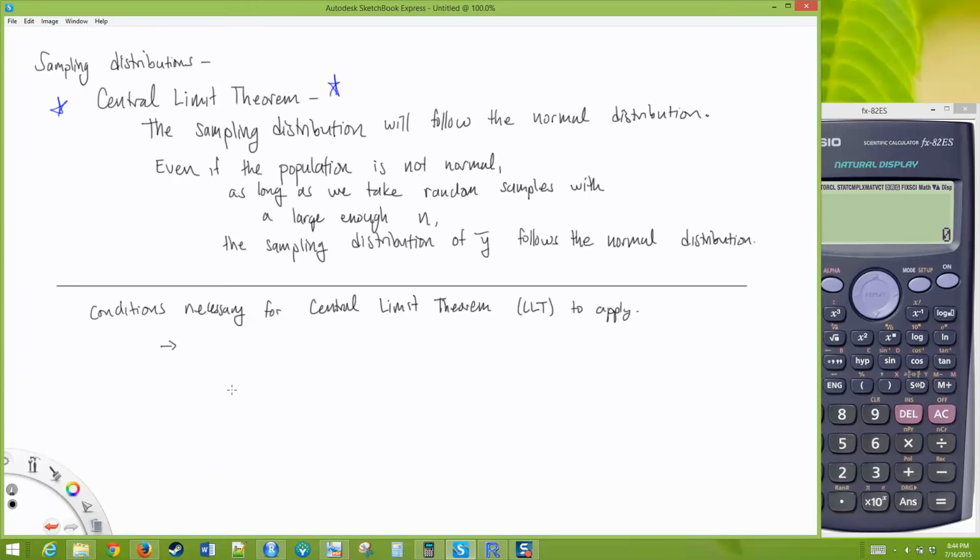Okay, so we have to be able to assume that our samples are random and that the individuals are selected independently of each other. Okay, samples are selected randomly. And individuals are selected independently of each other.